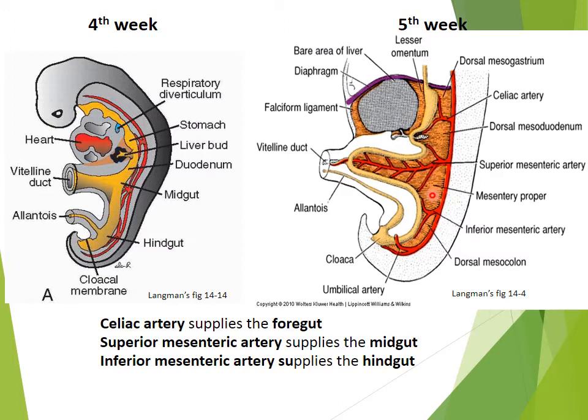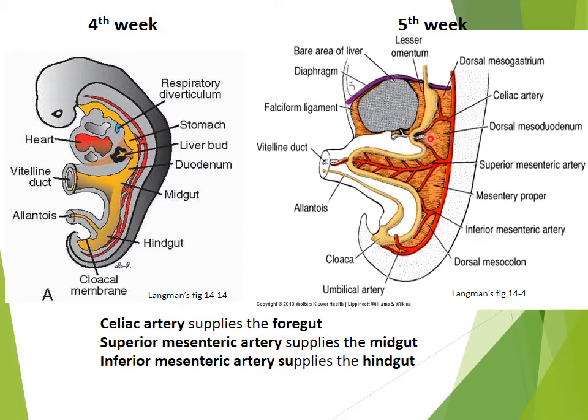This mesentery allows the passage of blood vessels and nerves from the aorta to the gut tube. Here you can see the aorta giving a branch to the foregut, the celiac artery. The celiac artery supplies all the structures derived from the foregut, which you have seen in the previous slide.